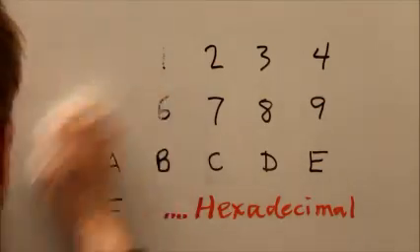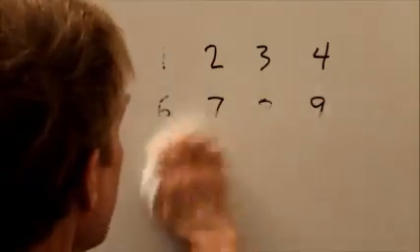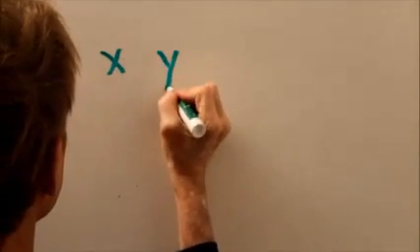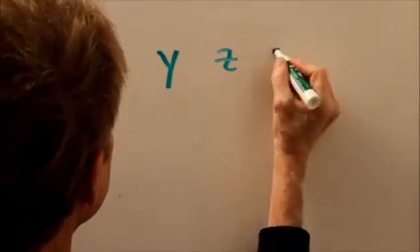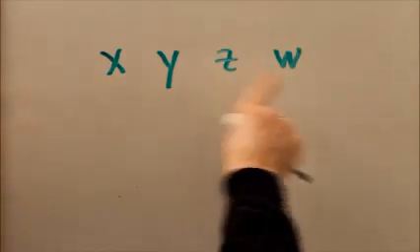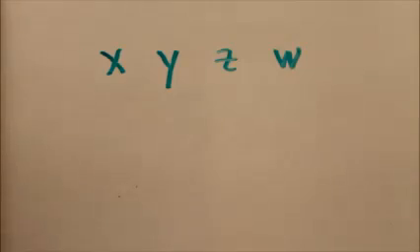So we can compare these systems side by side in another way. Let's suppose we have 4 digits, X, Y, Z, W, in the base 10 system, a 4-digit numeral.